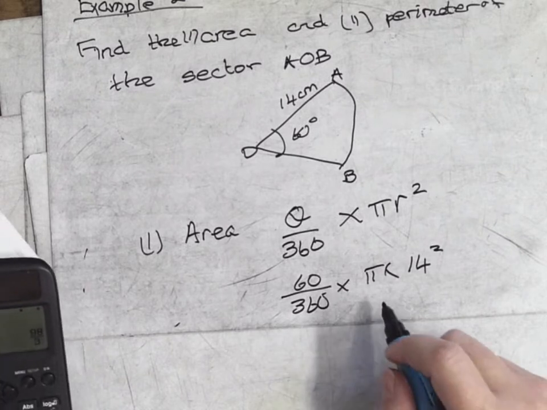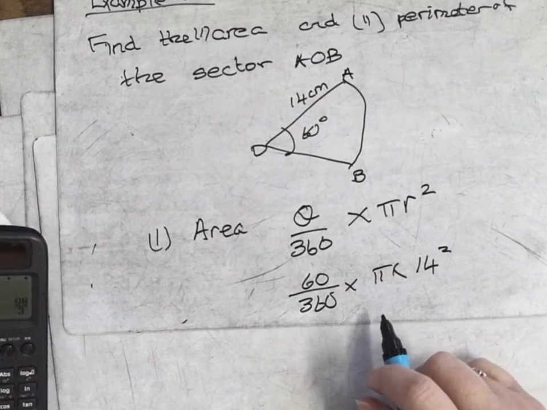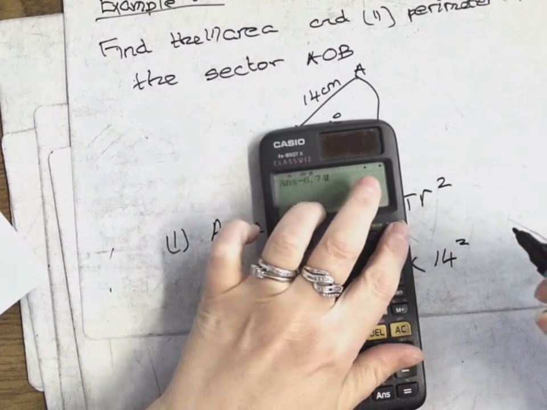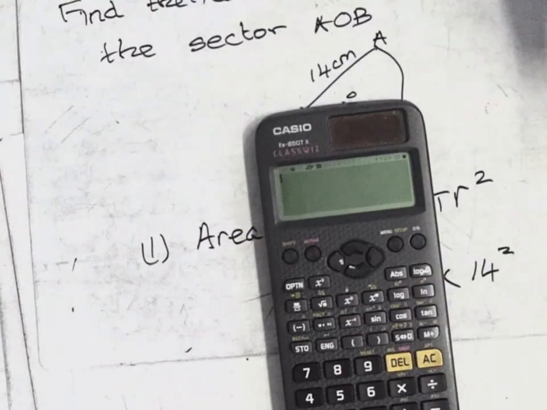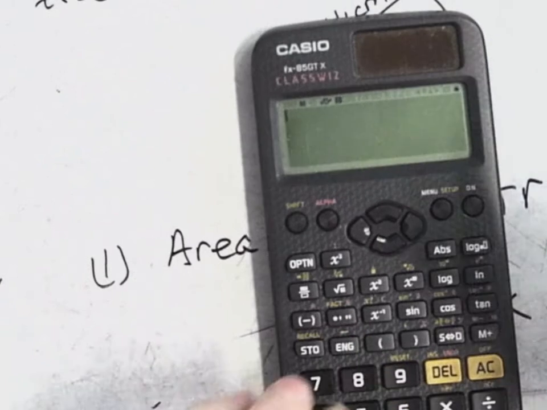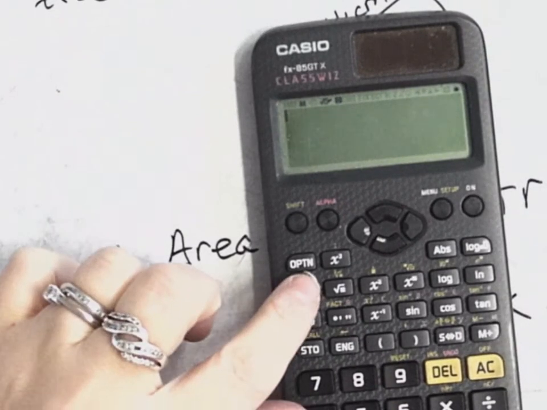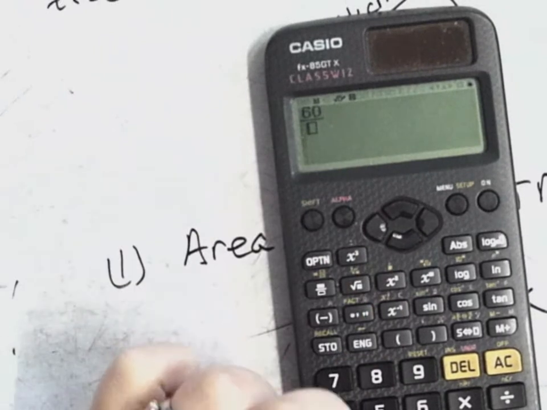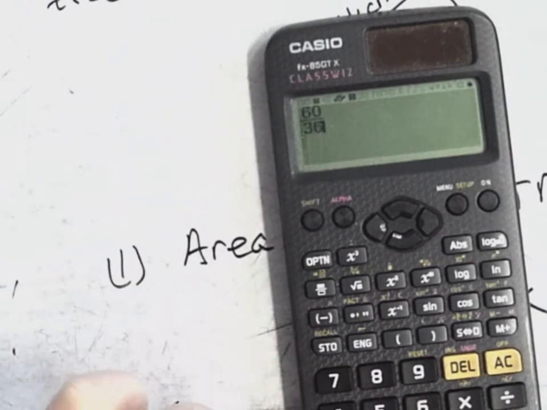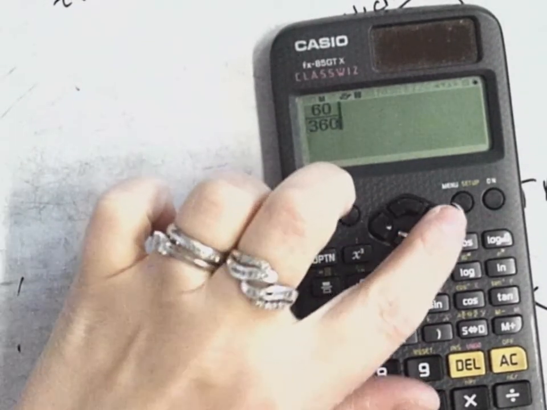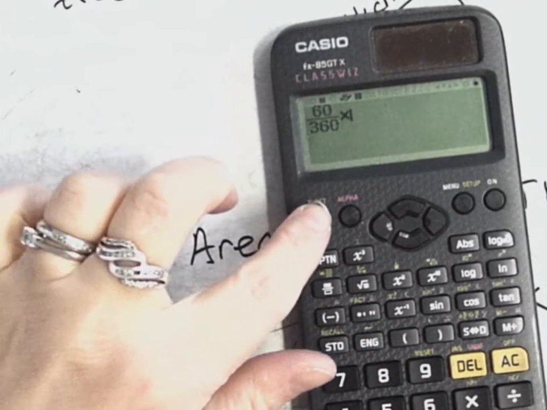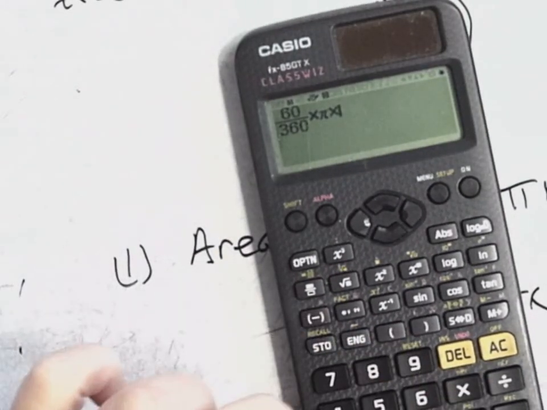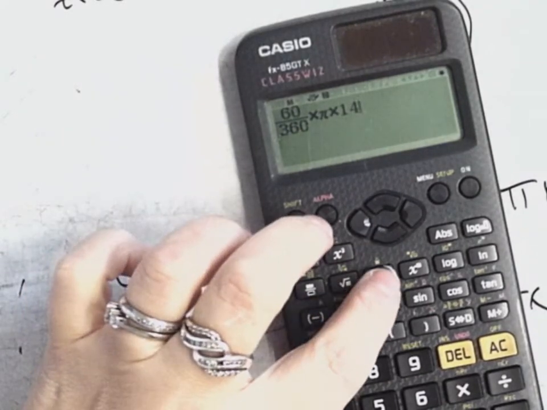Did you put multiply signs in? Right, so sorry, bear with me a sec, just zoom in here. Right, so what I do is I press the fraction button first, so put 60 down underneath to 360, right, then come out from under the line, multiplied by shift and pi, multiplied by 14 and the squared button.